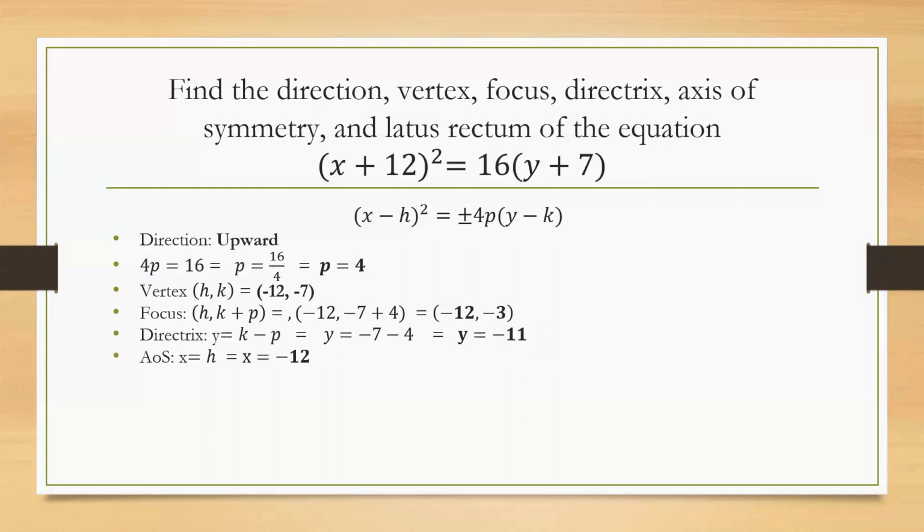For our AOS, let's look at our x, which has the value of -12 because x equals h. Then lastly, for our latus rectum, we put in the value of p, which is 4, and then we compute, and then we get 16.